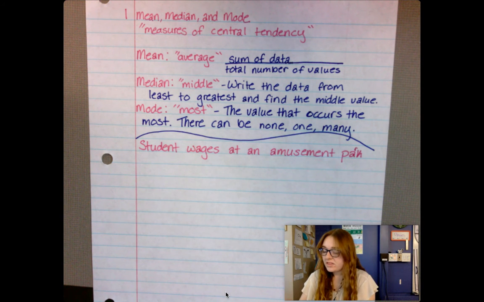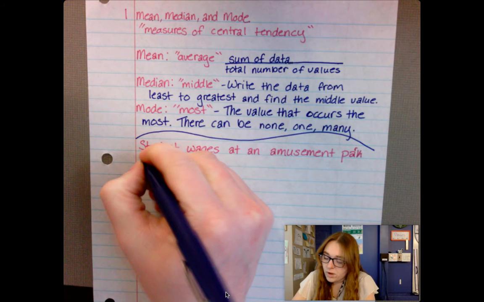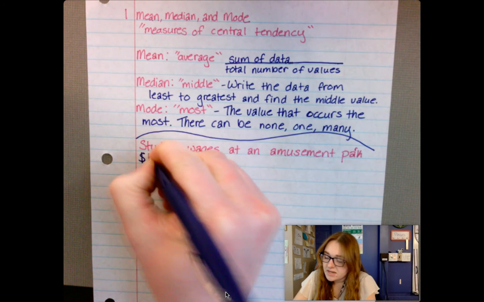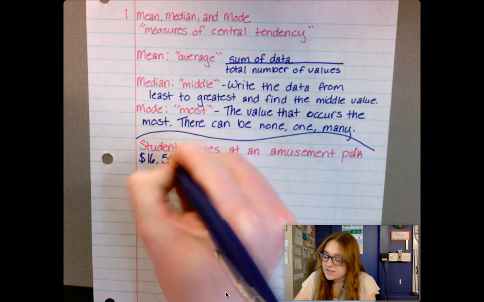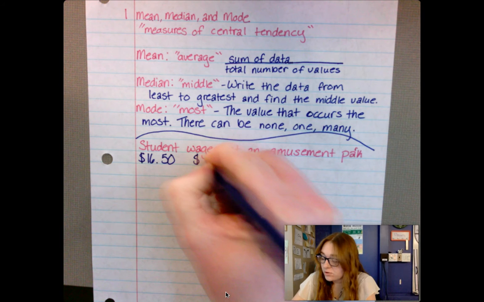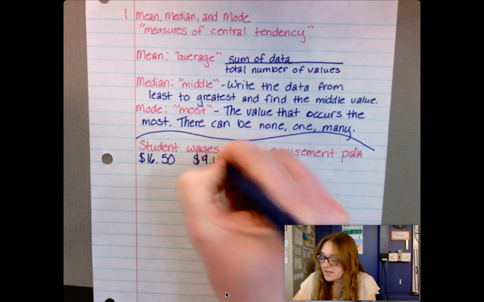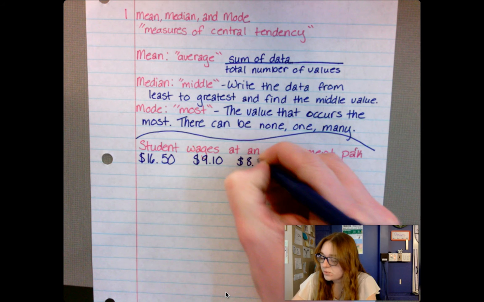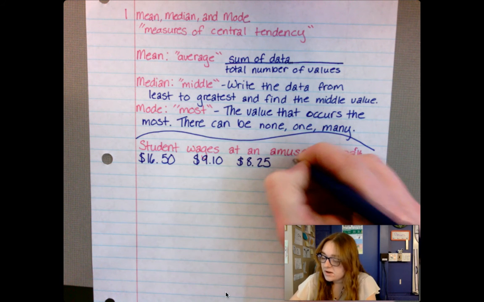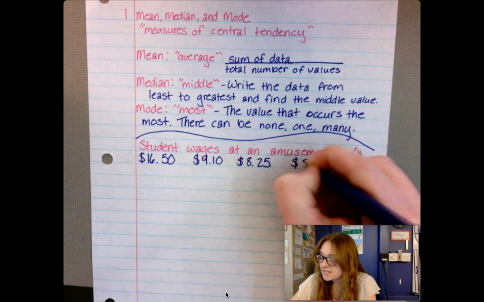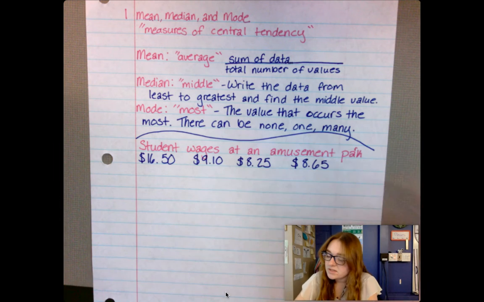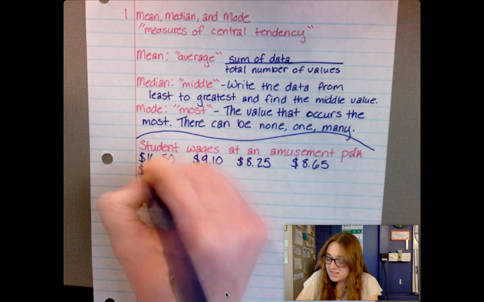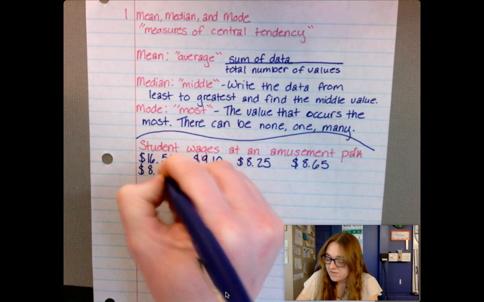Okay, so at the amusement park, we have one kiddo that makes $16.50. The second kiddo makes $9.10. The third kiddo makes $8.25. Fourth kiddo makes $8.65. Fifth kiddo makes $8.75.